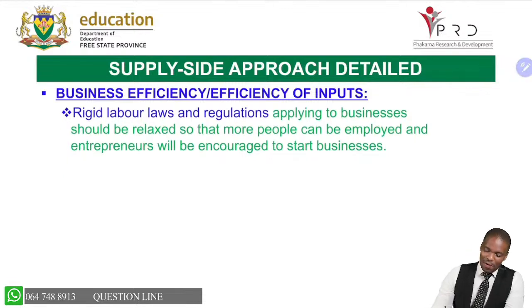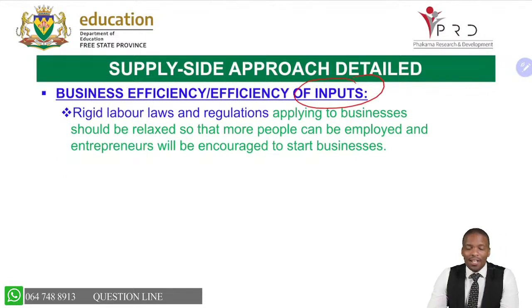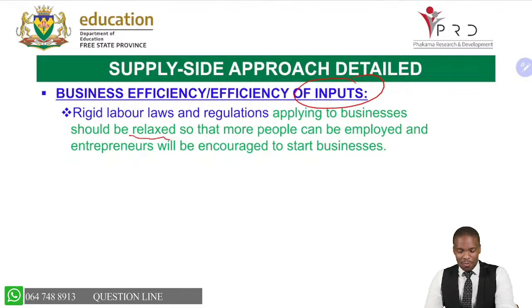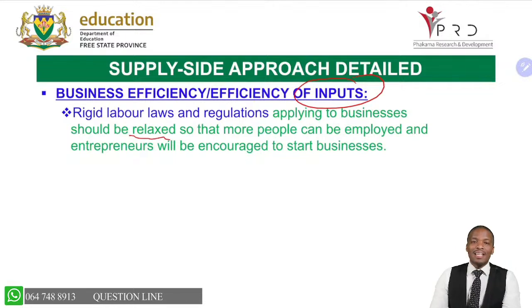Then we also talked about the issue of efficiency of inputs. Rigid or difficult labor laws and regulations applying to businesses should at least be relaxed. We are not saying labor should be exploited. People should still be paid equitable salaries, but those laws should be relaxed rather than always looking at salaries, but everyone should be covered for the purpose of sustainability of the business and for the business being able to expand.